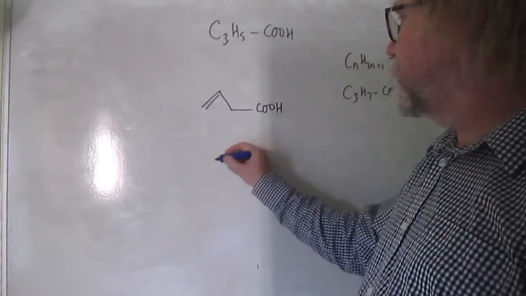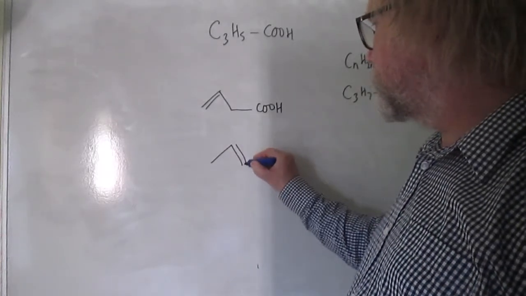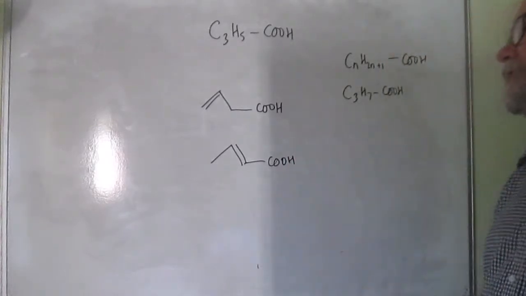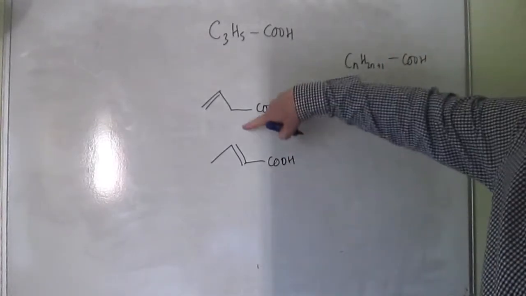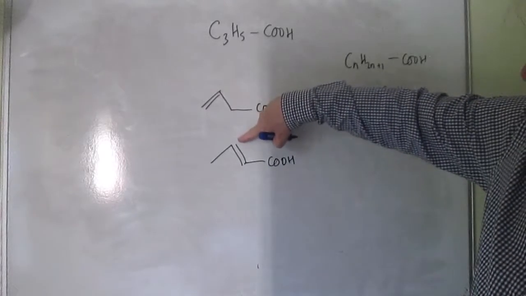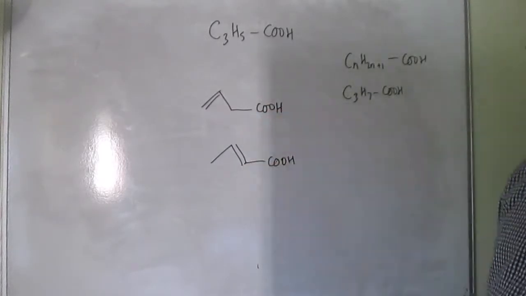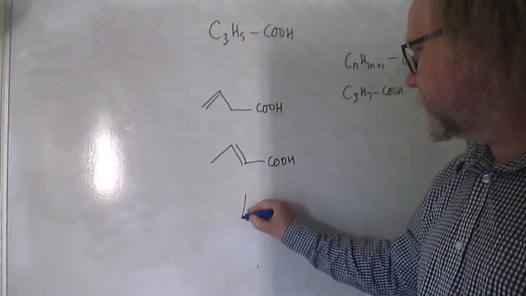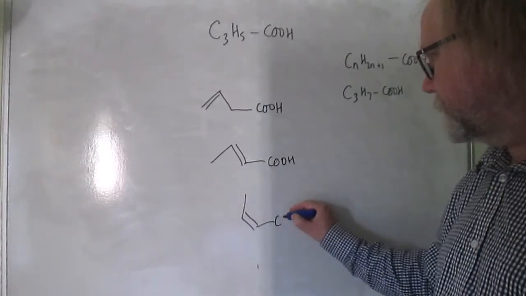So instead, it could be this. And that one does have EZ isomerism or cis trans isomerism because we've got 2 different groups at this end and 2 different groups at that end. So we have to decide, is it this one or is it that one?